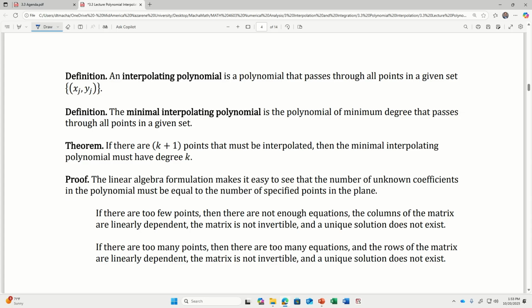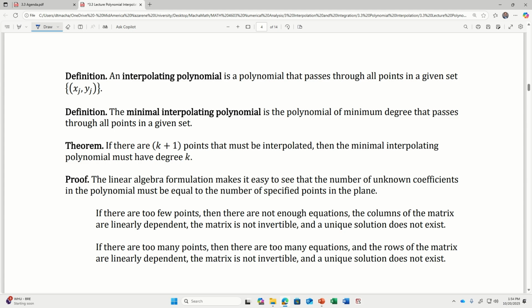So the minimal interpolating polynomial is just the polynomial that has minimum degree. And the degree of the minimal interpolating polynomial is always going to be 1 less than the number of points that we're arbitrarily specifying.